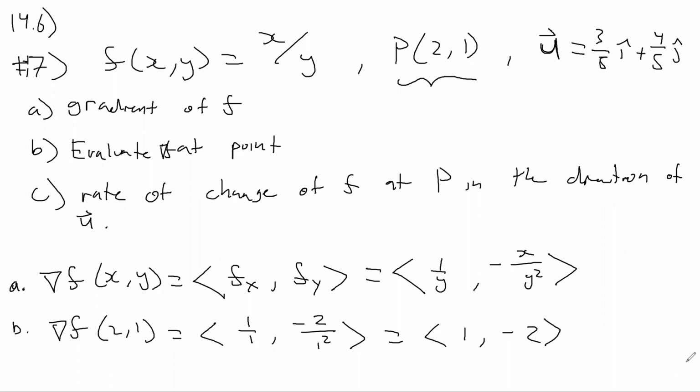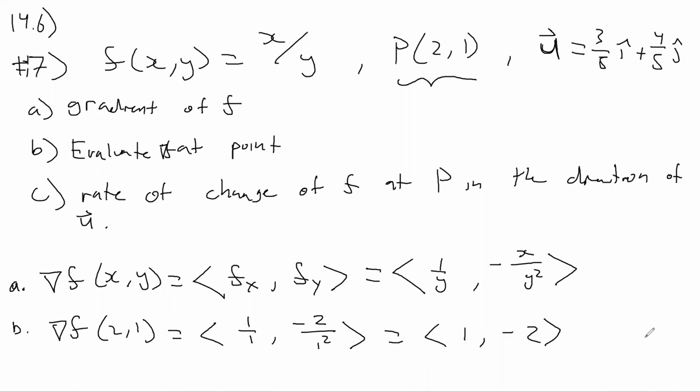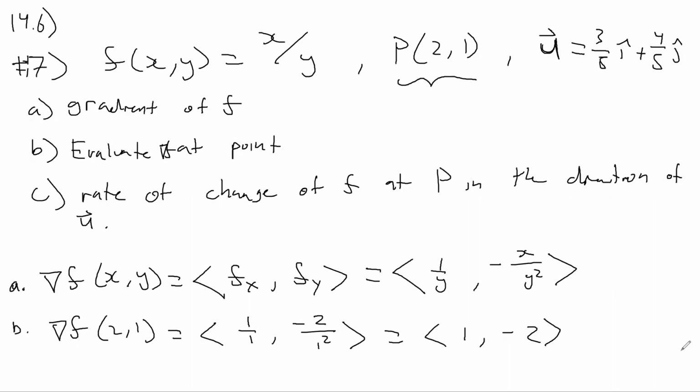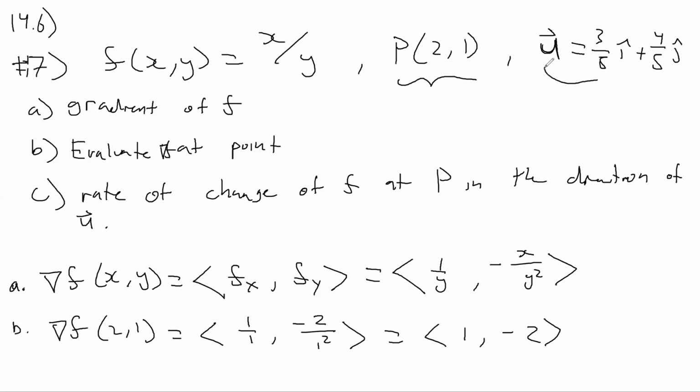We already have the gradient vector of f, so D sub u of f is equal to the gradient vector at the point (2, 1), dotted with the u vector, because it's in the direction of this vector.